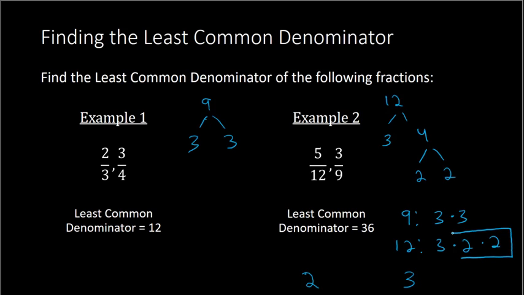Here 12 has the most 2's with 2 of them, so we take 2 2's. And then the 3's, 9 has the most 3's with 2 3's. 12 only has 1. So we take both those 3's from the 9. So what we have is 2 2's and 2 3's that we multiply together. 2 times 2 is 4, times 3 is 12. 12 times 3 would equal 36.